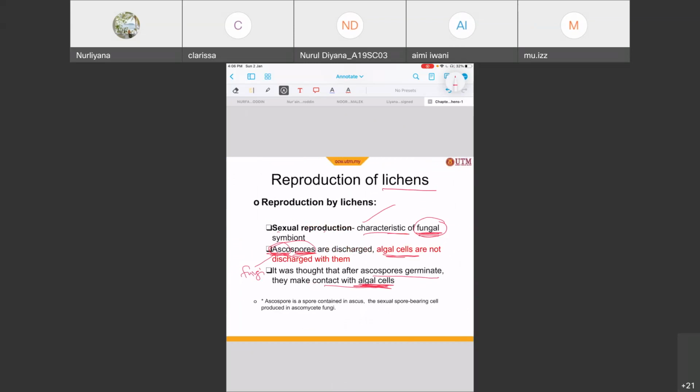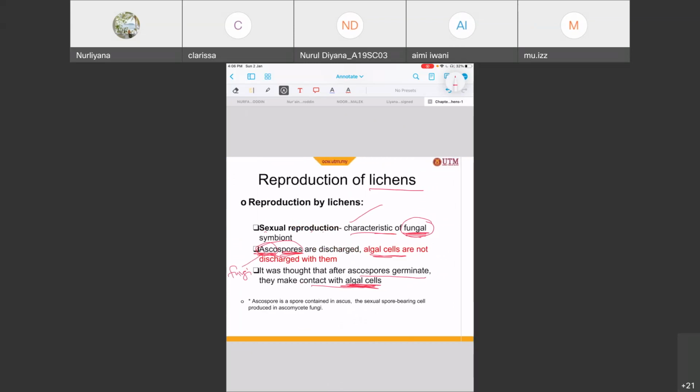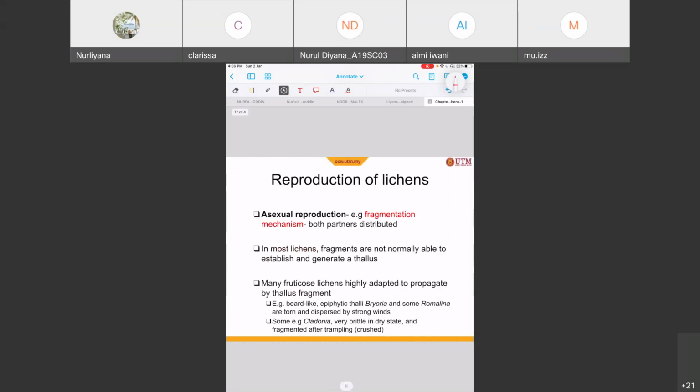If it is sexual reproduction, we look at the life cycle of the fungus, and the fungus can also undergo asexual reproduction. For example, here it says if it is asexual reproduction, they mainly use a fragmentation mechanism. This fragmentation is vegetative reproduction. So as I said, we go back to the structure of fungi.